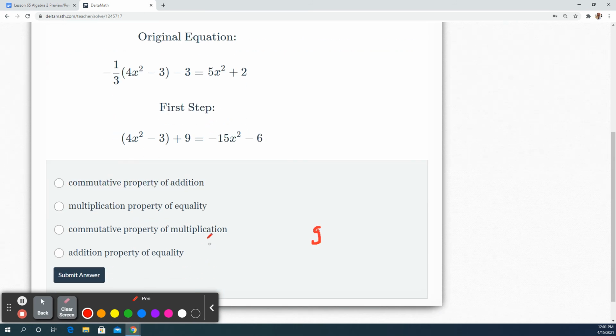And it looks like we have some other options here. Commute, commutative, commute. Commute means to travel to a different location. So basically for addition, you can move the numbers around and keep it addition, and you'll still get the same answer. That's commute.